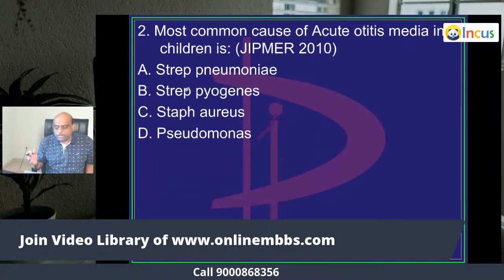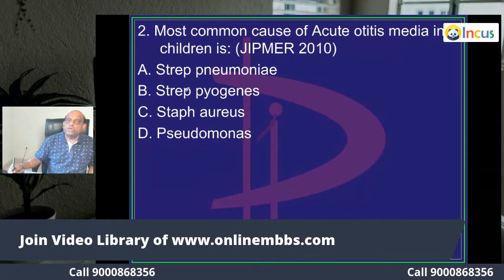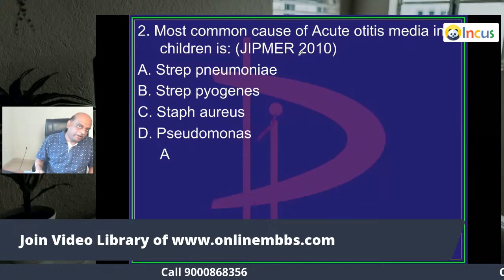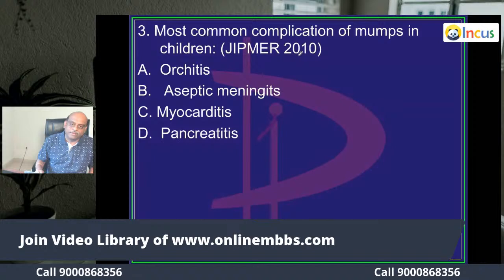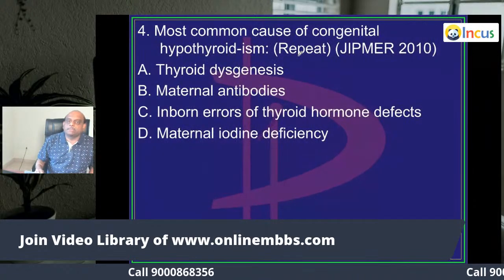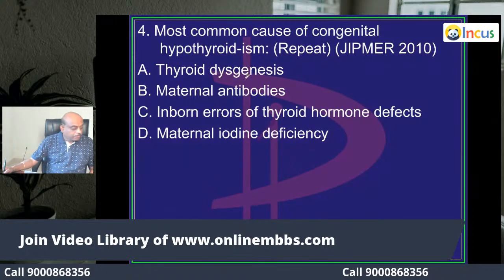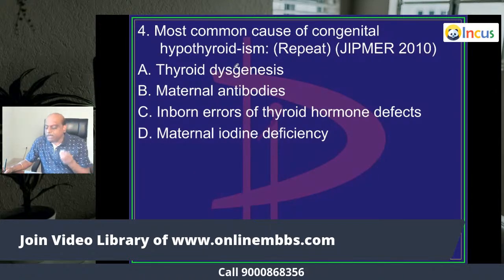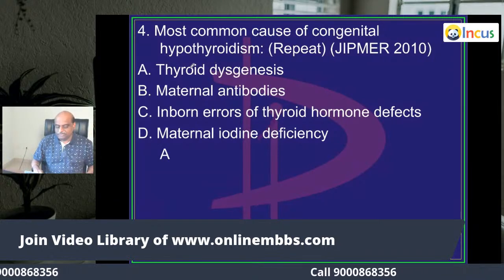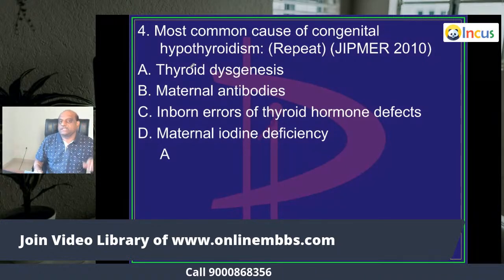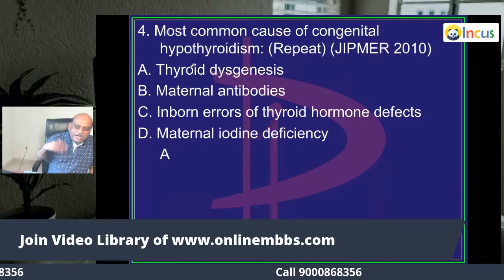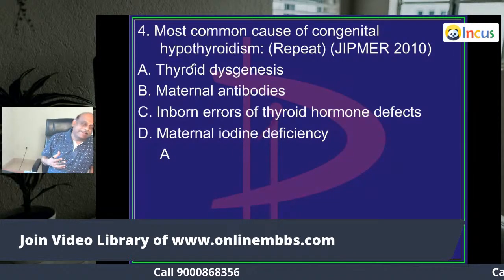The most common cause of acute otitis media in children, Streptococcus pneumoniae. The most common complication of mumps in children, don't forget, aseptic meningitis. The most common cause of congenital hypothyroidism, thyroid dysgenesis.